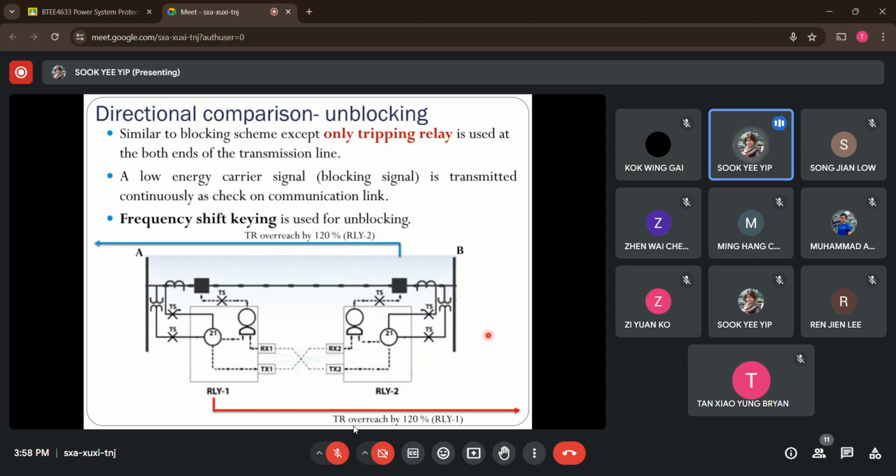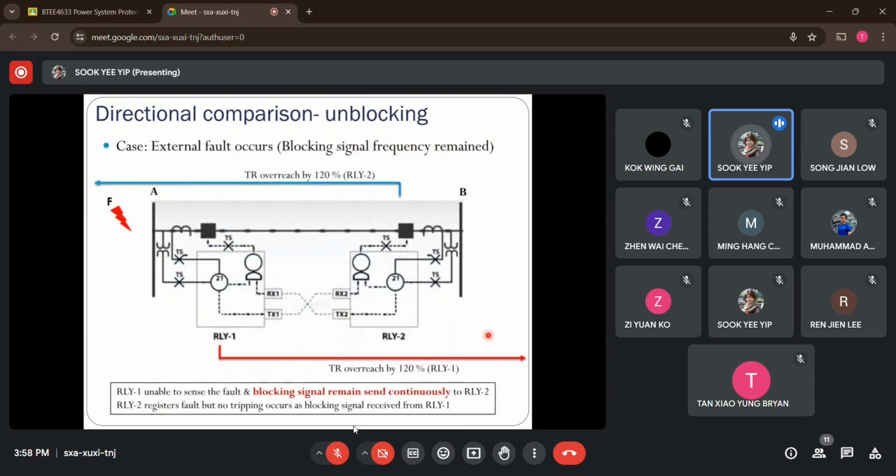Okay, so what happens if I have a fault occur, let's say, outside terminus A here? Right now, this relay at terminus A is unable to detect this fault, because it looks into this direction. But relay B is actually able to sense this fault.